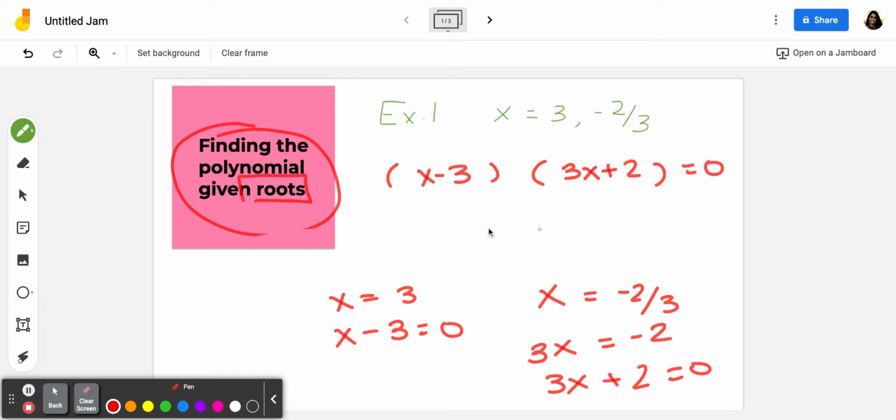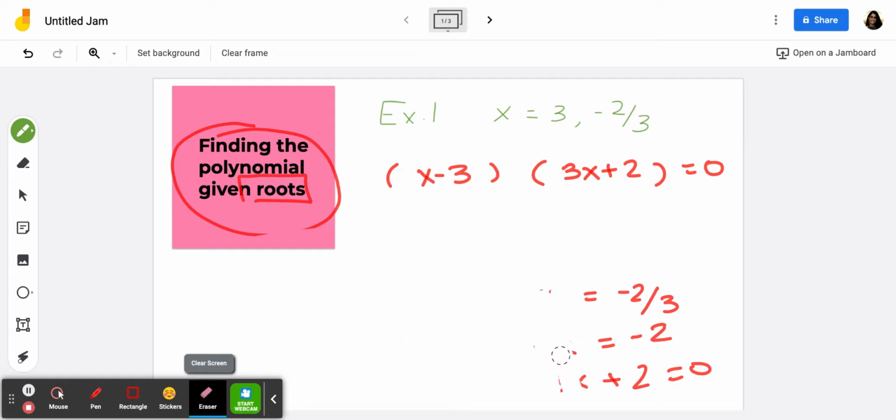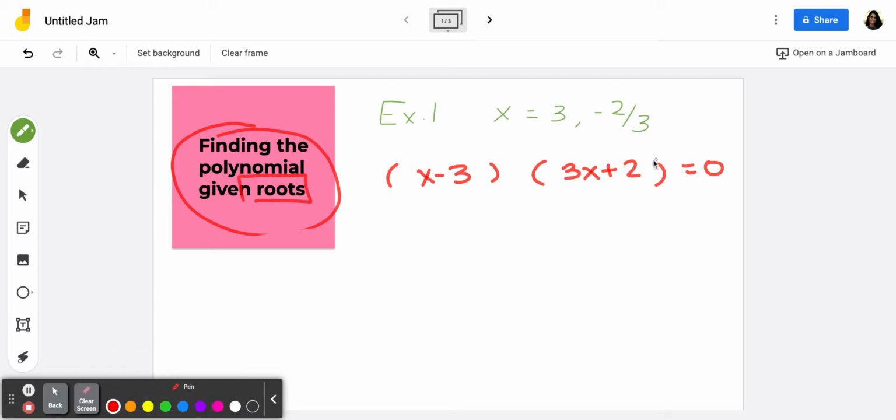And actually, this is a polynomial in factored form. And that's good enough if they asked you for it in factored form. This is a quadratic in factored form. What if they wanted you to write it in standard form?